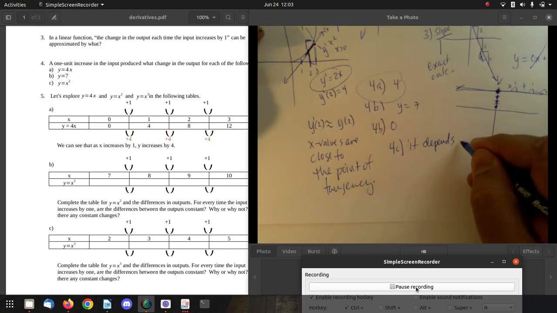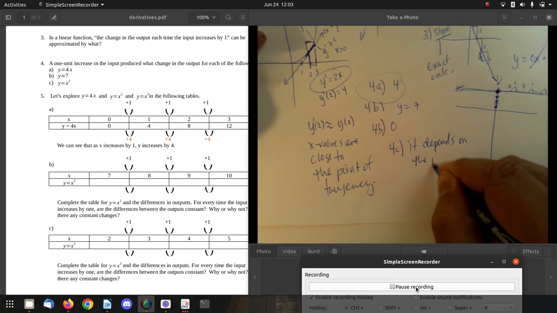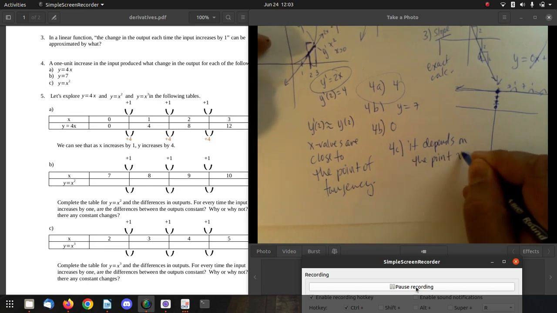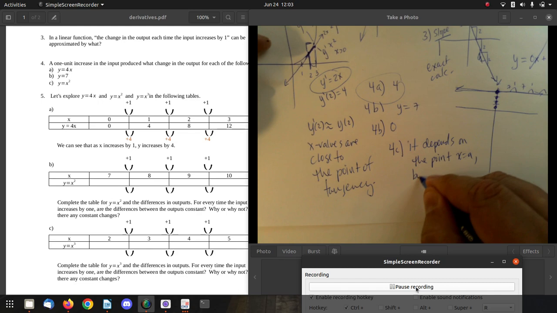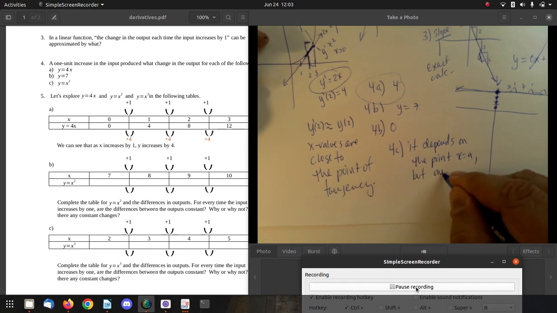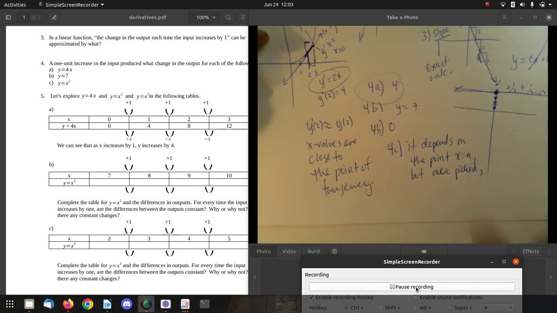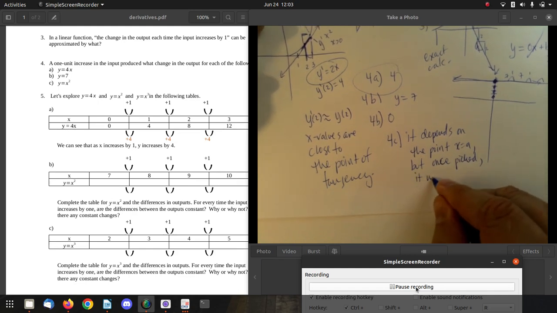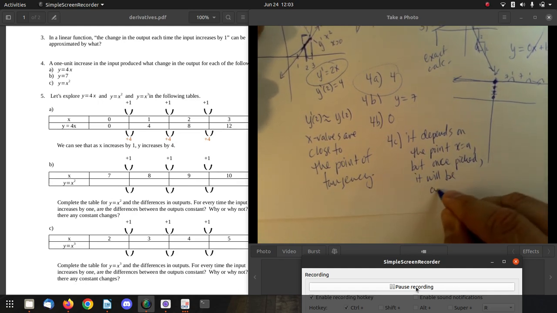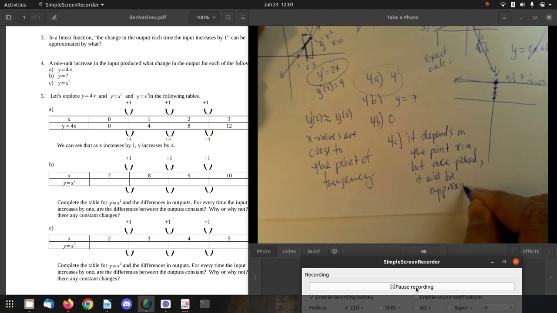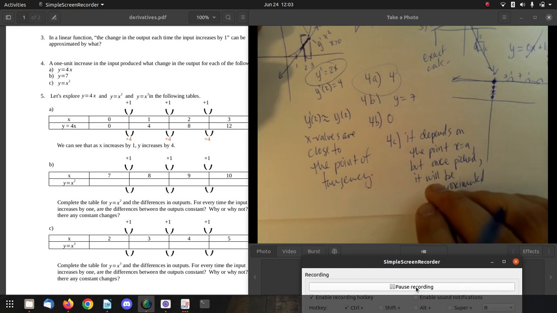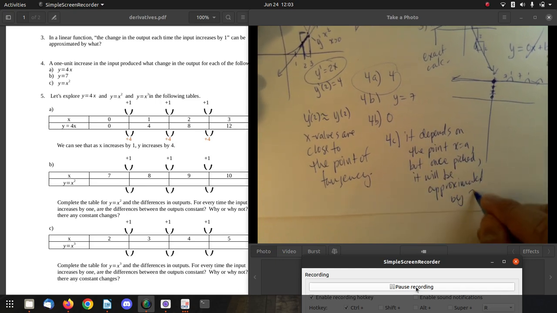So it depends on the point x equals a, but once you pick that point x equals a, regardless of where you pick it, it will be approximated by 2x.